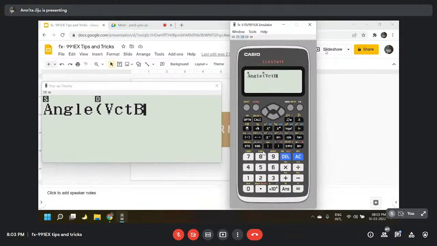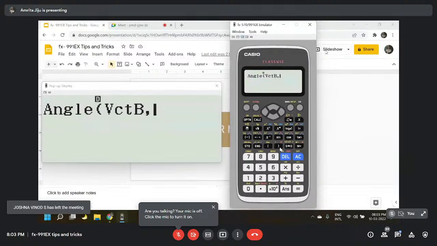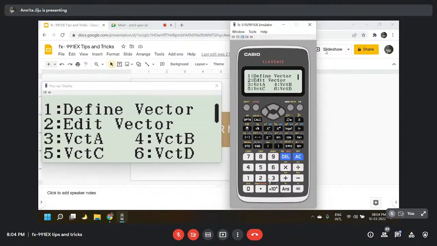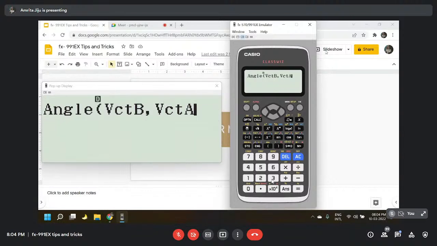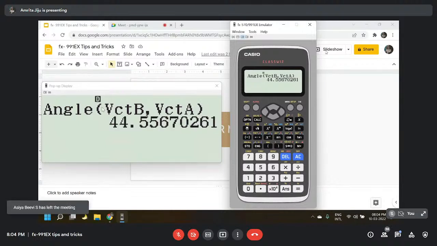So you click shift and the right-hand side parenthesis, you give a comma and then go to options again. Take the third one so that you can find the angle between them. You just hit equal to, that's 44.55 something degrees. So that's the angle between the two vectors. That's how you find the angle between two vectors.